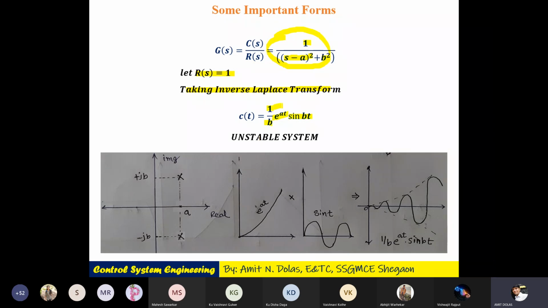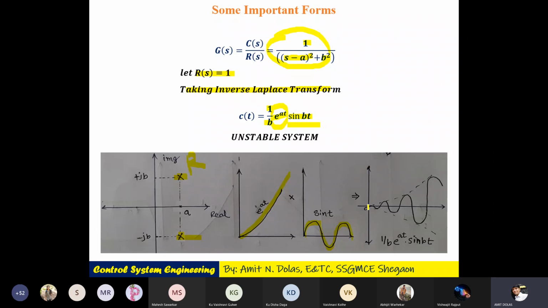So e raised to power at, along with the sinusoidal waveform, means the imaginary pole lies on the right hand plane of the S plane. Definitely unstable, but we'll plot it. So e raised to power at is an exponential signal moving towards infinity. Sine is a sinusoidal waveform.